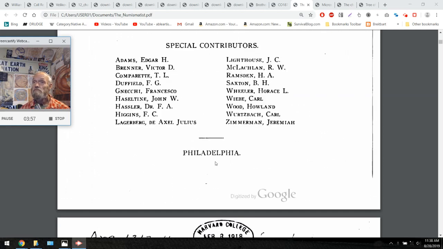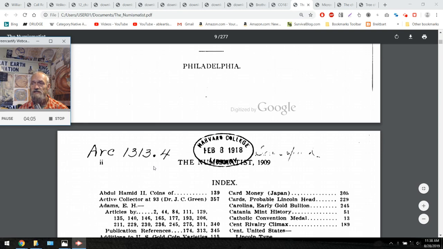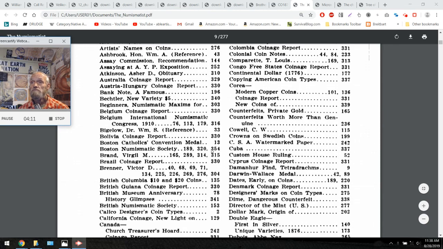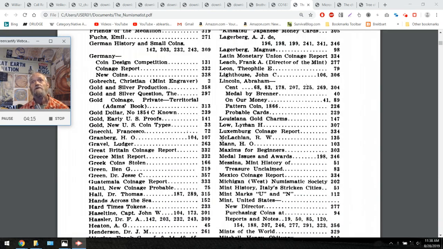Very nice looking letterheads, and Harvard got a copy of this for their archives, February 18th. Maybe that's going to cover a lot of stuff here.